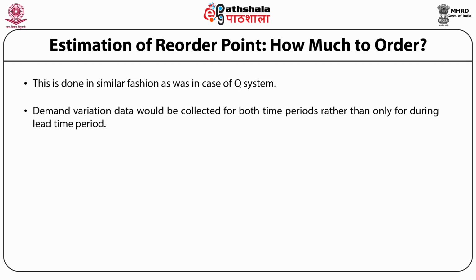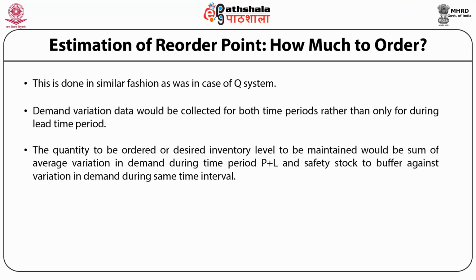Demand variation data would be collected for both time periods rather than only for the lead time period. The quantity to be ordered for the desired inventory level would be the sum of average demand during time period P plus L and safety stock to buffer against variation in demand during the same time interval.